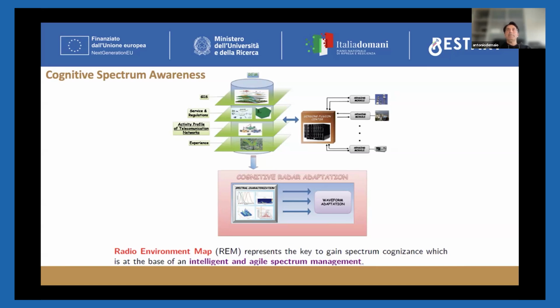This information can be acquired via a radio environmental map, which represents the key to gain spectrum cognizance and is at the base of an intelligent and agile spectrum usage.